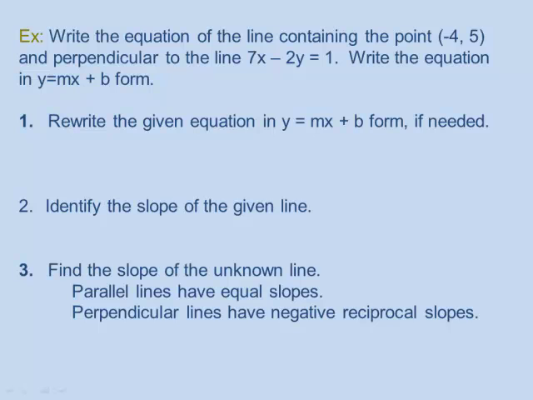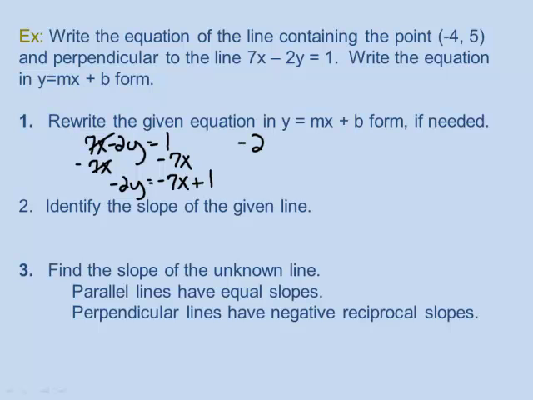So step number 1, rewrite the given equation into slope-intercept form. So we've got 7x minus 2y equals 1. We want to isolate y, so subtract 7x from both sides. That's going to give us -2y is equal to -7x plus 1.